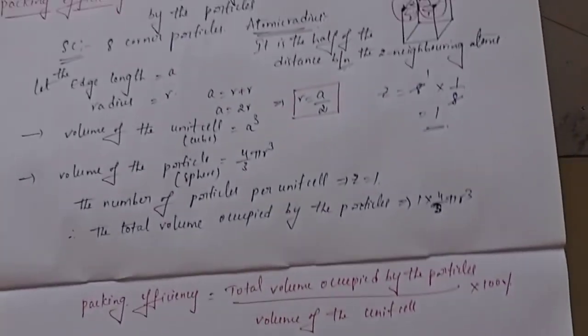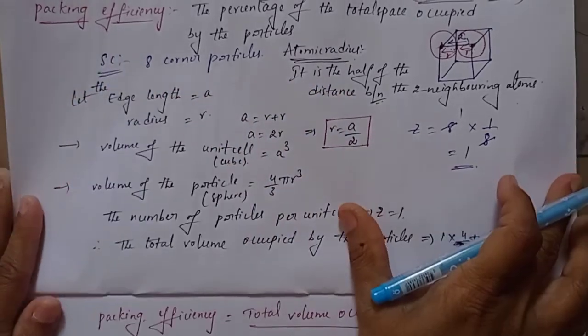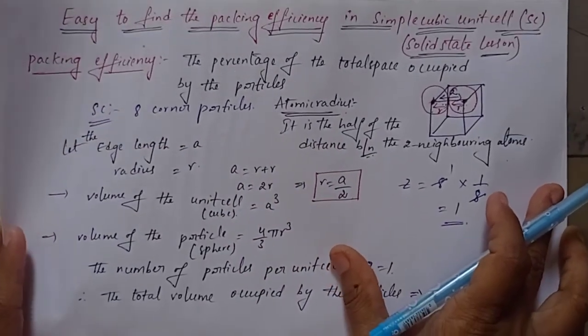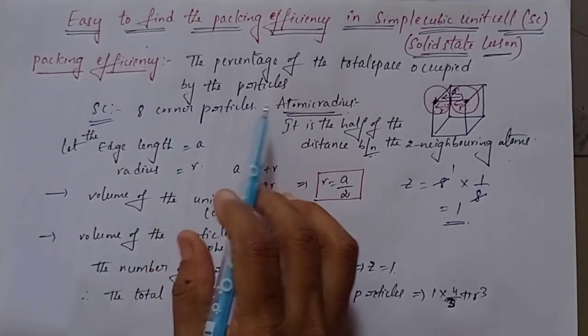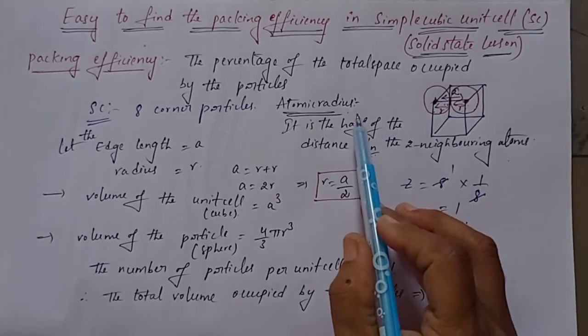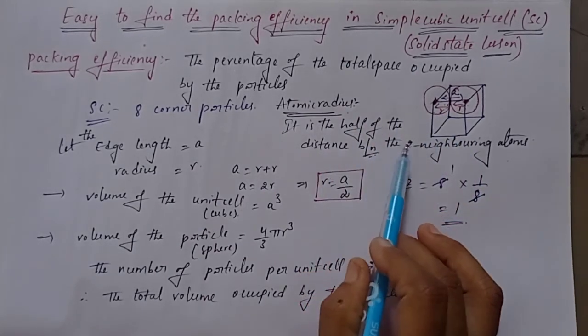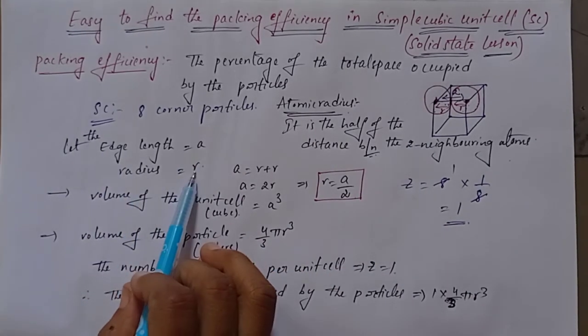Once again, see students, the simple cubic unit cell. What is the packing efficiency? The percentage of the total space occupied by the particles. In the simple cube, 8 corner particles will be there. The atomic radius I am taking: it is half of the distance between two neighboring atoms. Let the edge length be a and the radius r.